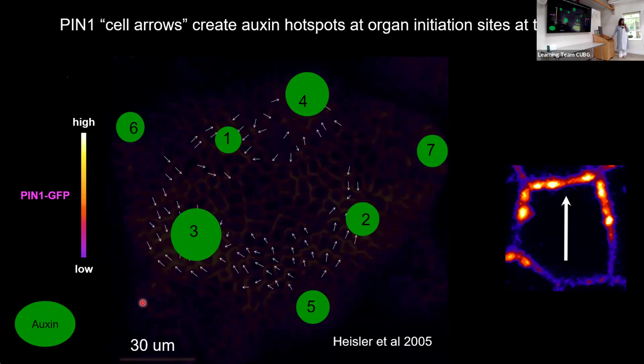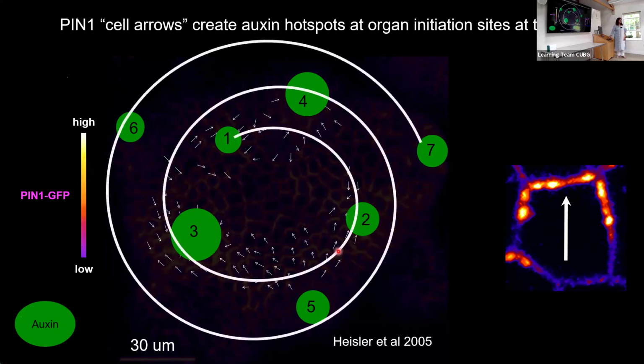And coming back to the spiral, if I just draw lines from position 1, 2, 3, 4, 5, 6, 7, it's a spiral. So that means that plants are creating these organs in a spiral manner at regular positions.